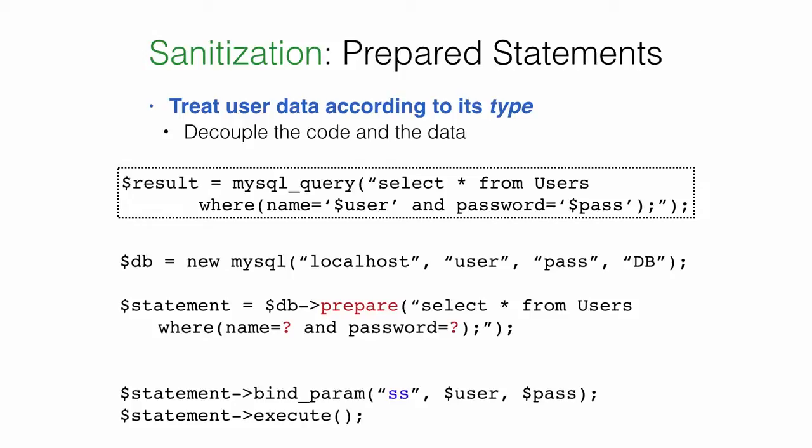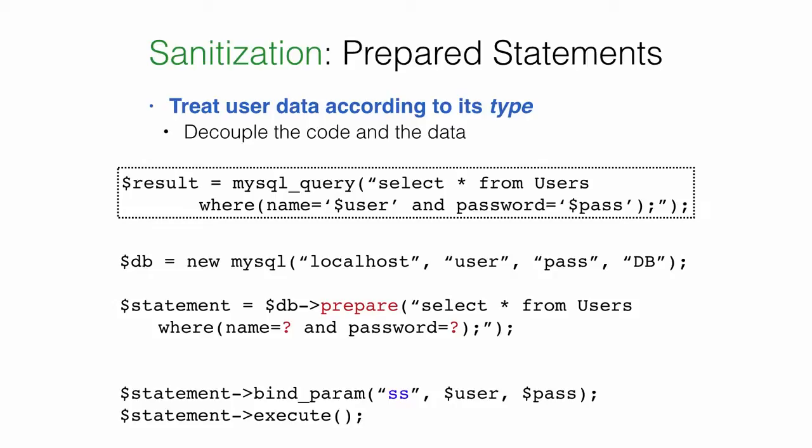Here's the same query expressed as a prepared statement. The first line creates a handle to the database, and the second line creates a prepared statement template. You can see that this very much resembles the string that we were constructing before, but the prepared statement includes everything other than the parts that are to be filled in, and those it designates with question marks.